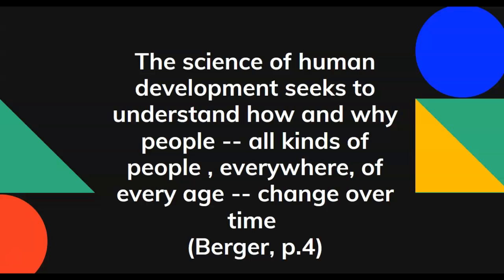There's that word science again. So again, we're trying to systematically understand and empirically understand development. Okay? And I think there's a word left out. We want to know what kind of changes happen over time. Right? But we don't just want to know what happens. We want to know how those changes happen, and we want to know why they're happening.